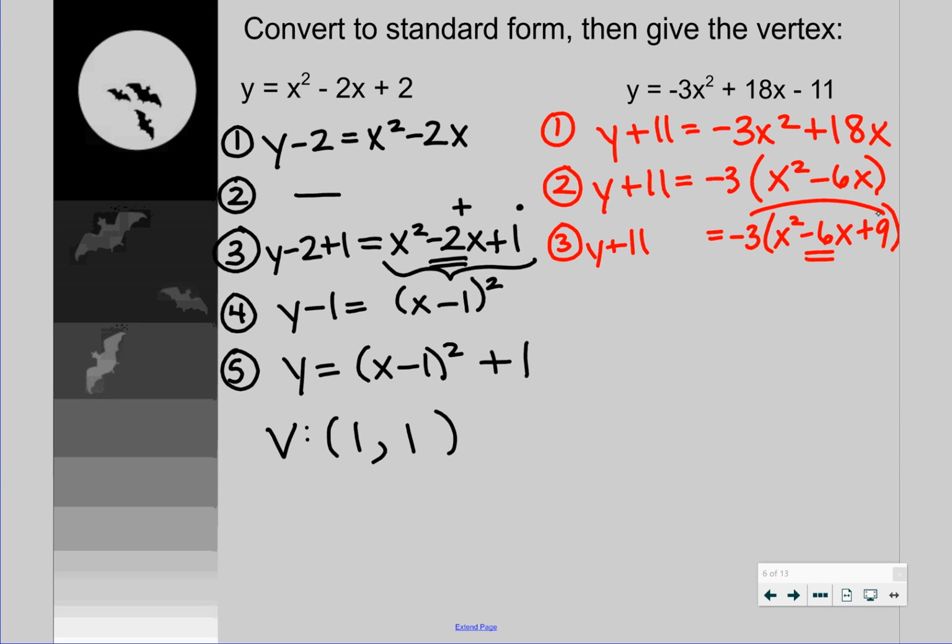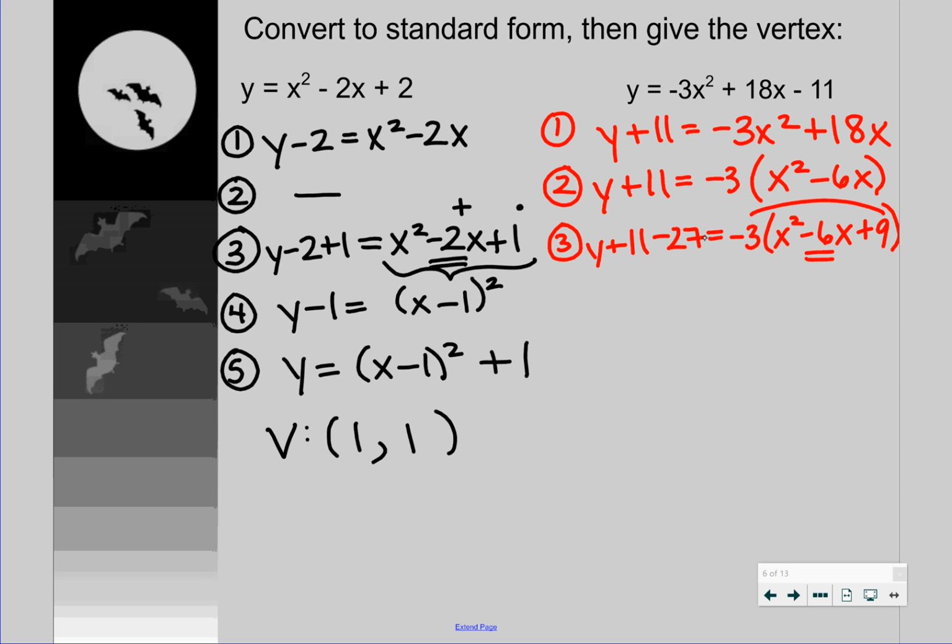Everything inside that parentheses is multiplied by what's out front. So if you factored a number out, you have to kind of take that into consideration. We're not adding the same number to each side. We're adding the same amount to each side. So really, I added a negative 27 over there. So I'm going to add a negative 27, or you could just say minus 27 on the left.